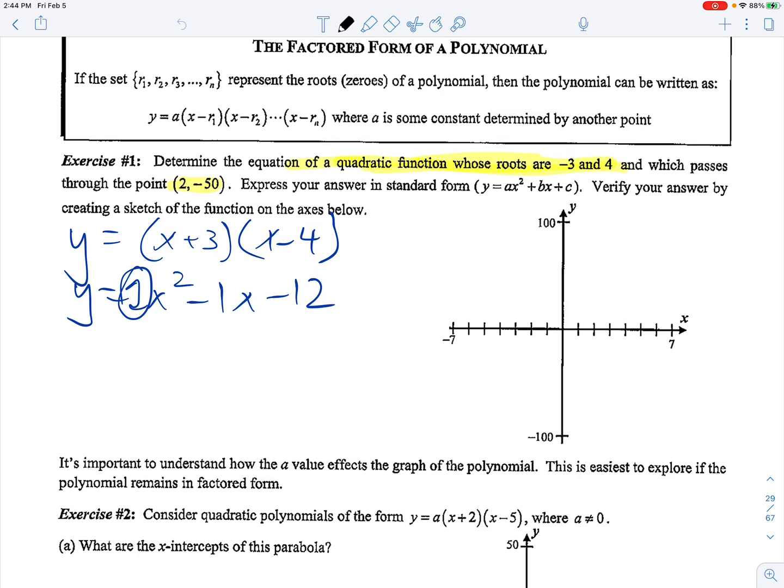Sometimes that'll happen, but sometimes you'll have other leading coefficients.